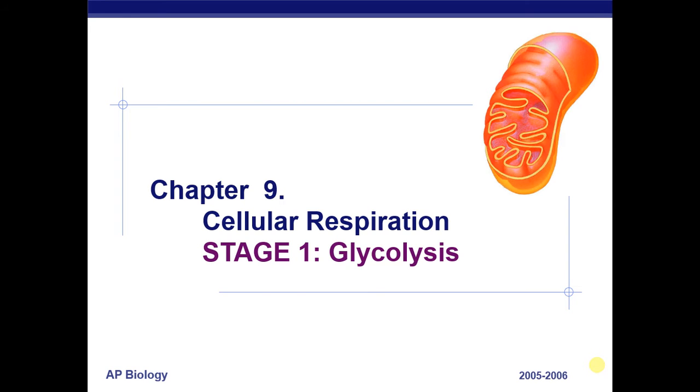All right, after last time, we're going to move on, and we're going to talk about the first stage of cellular respiration today. After last time on Monday, we looked at a broad overview and talked about how we harvest energy from catabolic reactions, and we looked at oxidation reduction in biology.